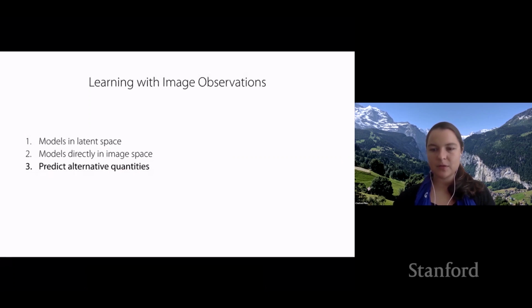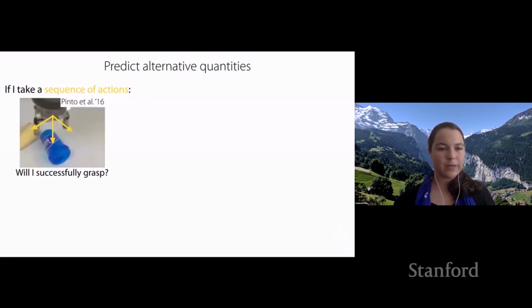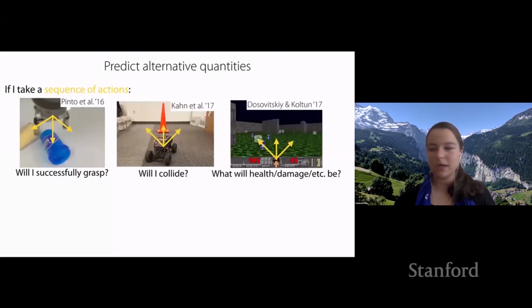Okay, so the last set of approaches that you can consider is predicting something other than some latent representation or the image, predicting alternative quantities. What this looks like is, in different scenarios, you could ask, if I take a certain sequence of actions, will I successfully grasp an object, or will I collide with an object, or what will my health or my damage be, for example?